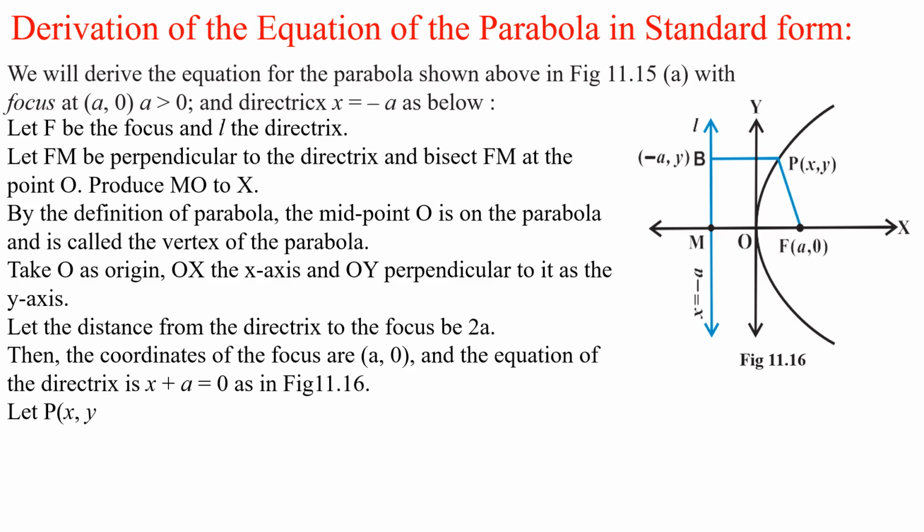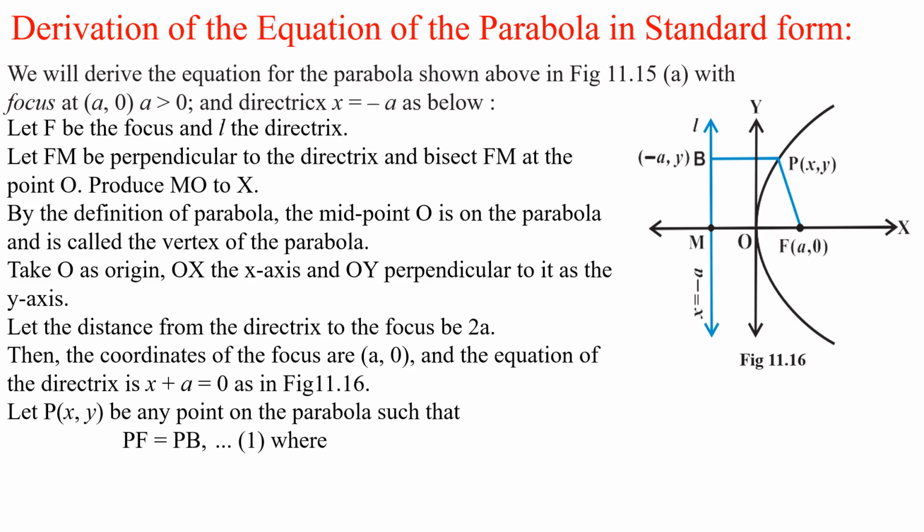Let P(x, y) be any point on the parabola such that PF is equal to PB, where PB is perpendicular to line L. Here we have taken a point P(x, y) to be any point on this parabola.